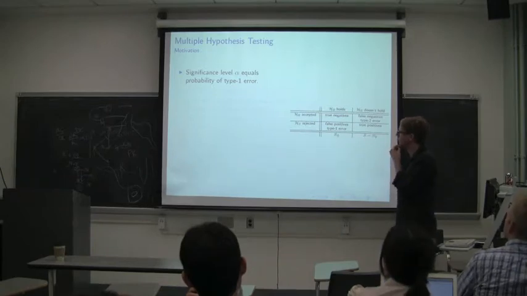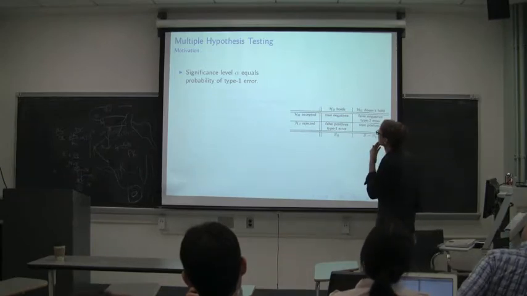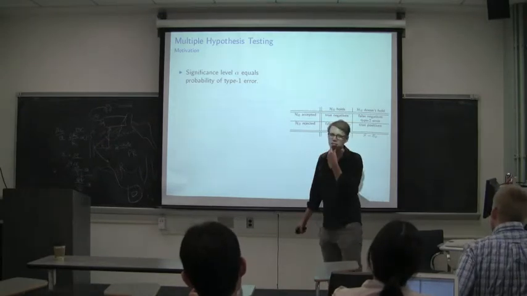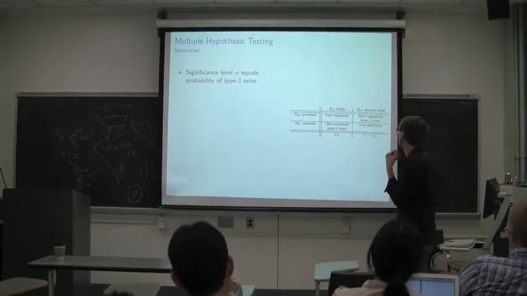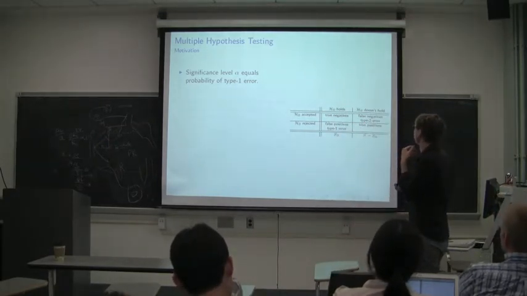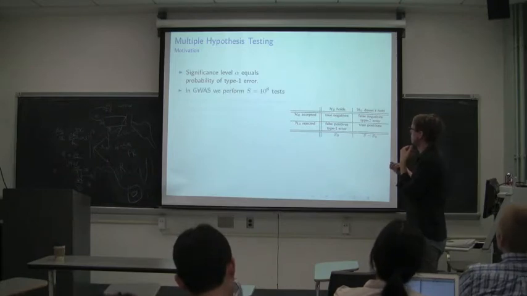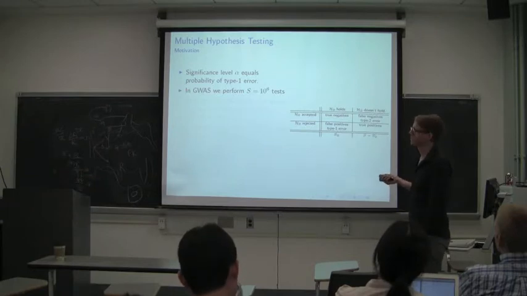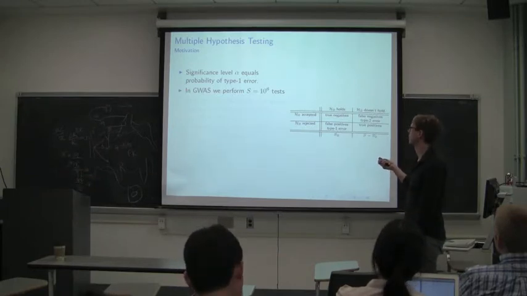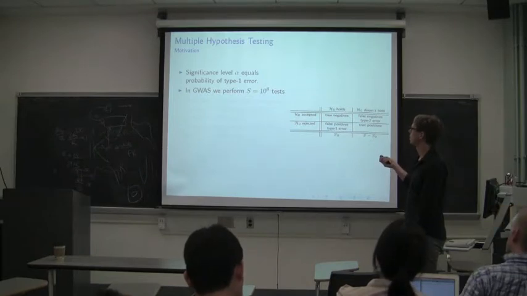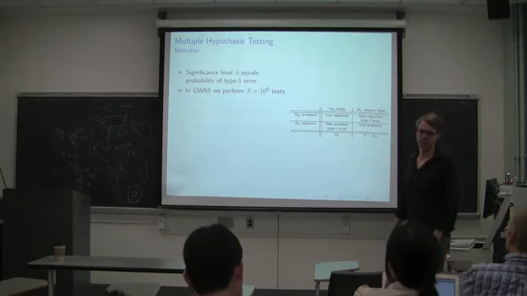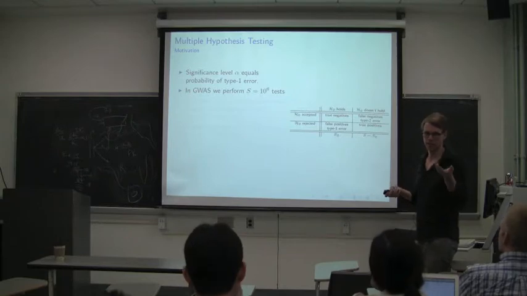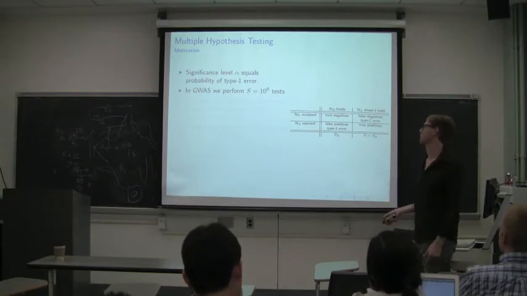Okay, so we said that the significance level alpha equals the probability of making a type 1 error, right? Well, in GWAS, but not only in GWAS, in many applications, we don't test a single time, but we test many, many times. So in a GWAS, we do something in the order of 1 million tests, testing every mutation against a phenotype.